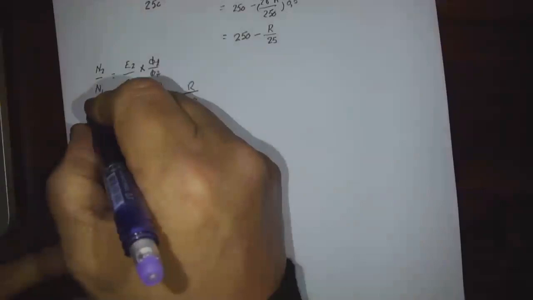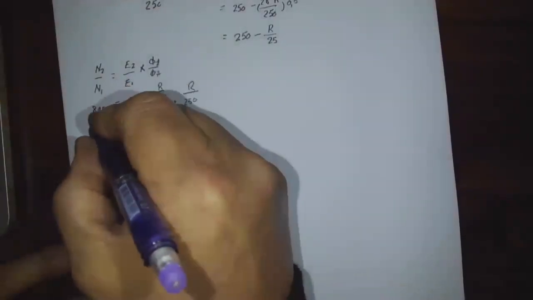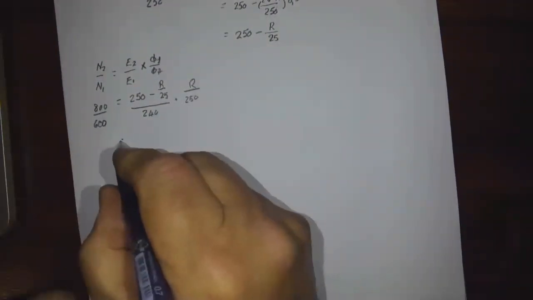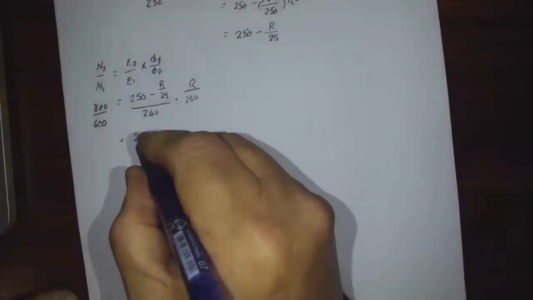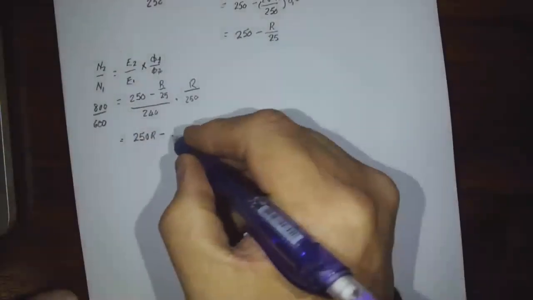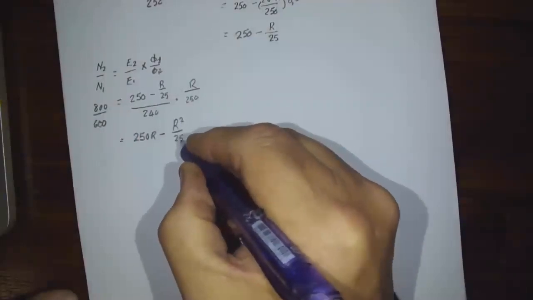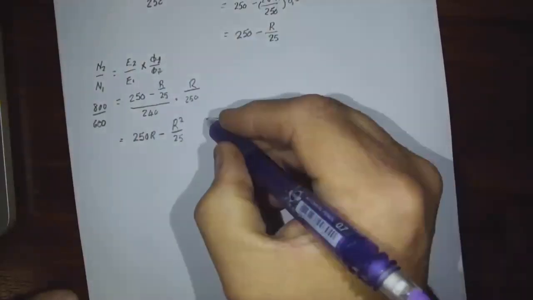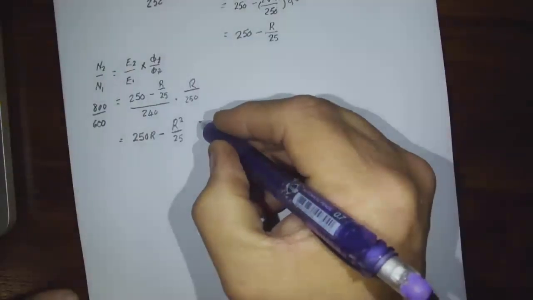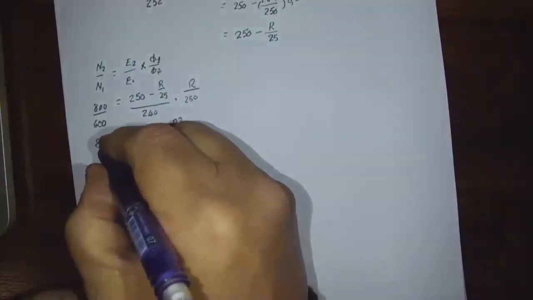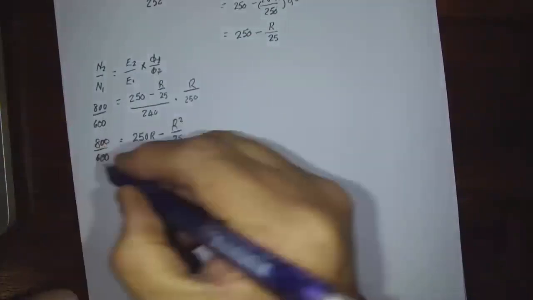Okay. So now we must multiply. N2 is 800, N1 is 600. You agree? So we get 250R minus R squared over 25, and that's 800 over 600.